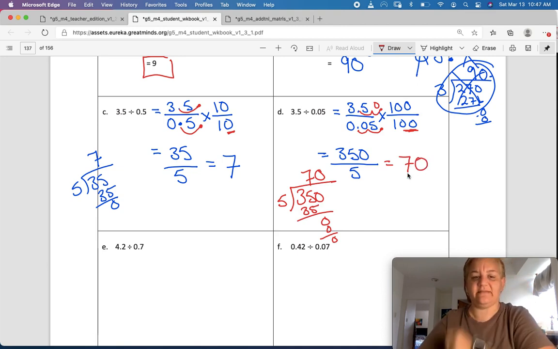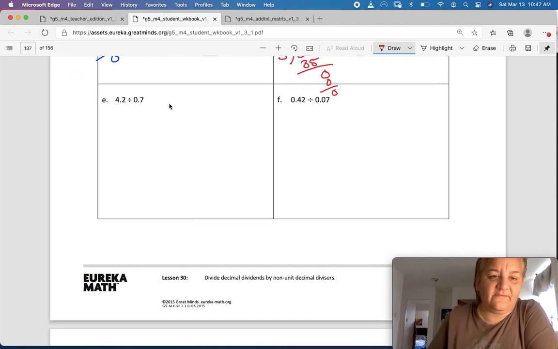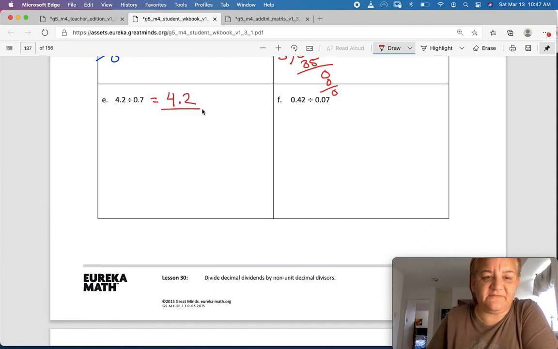All right, I think you're getting the hang of this. Let's go a little bit faster now. Okay, 4 2/10 divided by 7/10. Okay, and I have 1 decimal there that I'd like to move. So I'm going to multiply by 10 over 10. So my top answer now, the new numerator, is going to be 42.